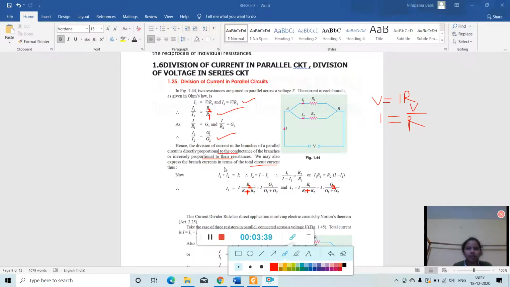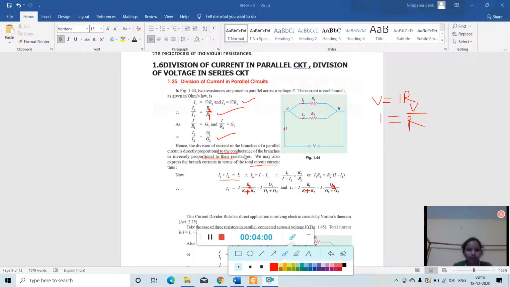Let's see. Here this is your I, and this I is divided into two parts, I1 plus I2. That's why I1 plus I2 is equal to I, written here, this expression. Then I2 is equal to what? I minus I1.